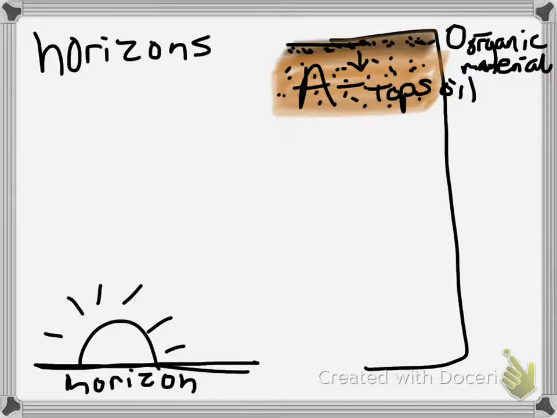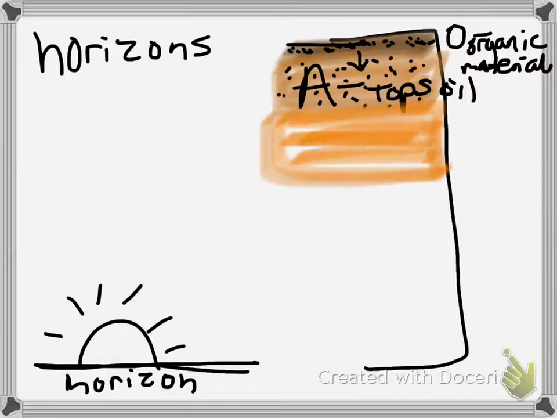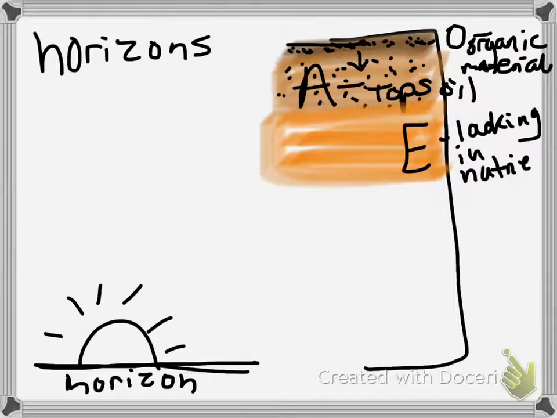Underneath your topsoil, underneath the A layer, is the E horizon. Now the E horizon is not very nutrient rich, so it's lacking in nutrients, because they have been, the word is leached out.